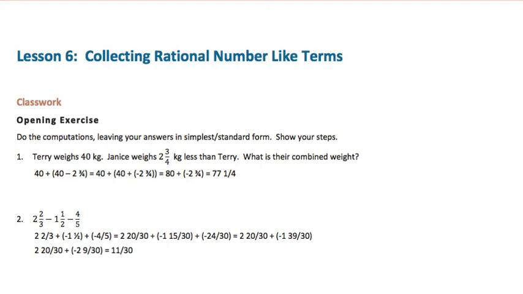And to finish the computation, if we subtract 2 20/30 and negative 2 9/30, we're subtracting them because they have opposite signs. The 2's would cancel each other, and the 20/30 minus 9/30, because this is a negative, would give me 11/30.